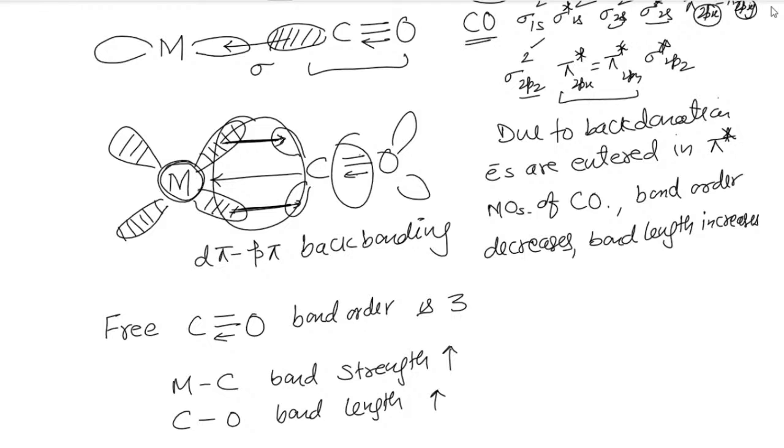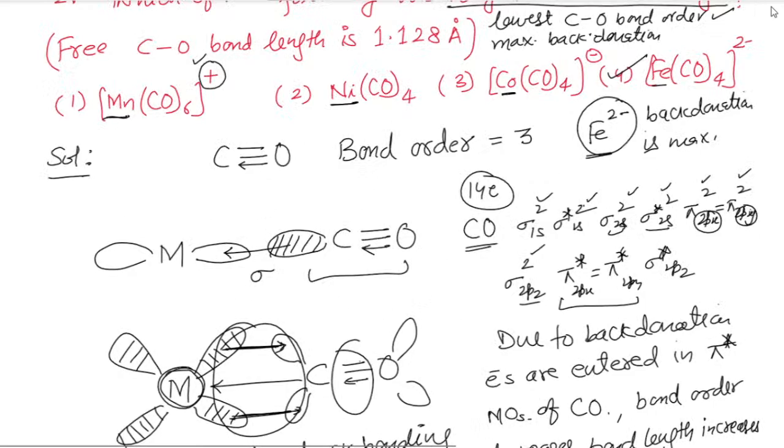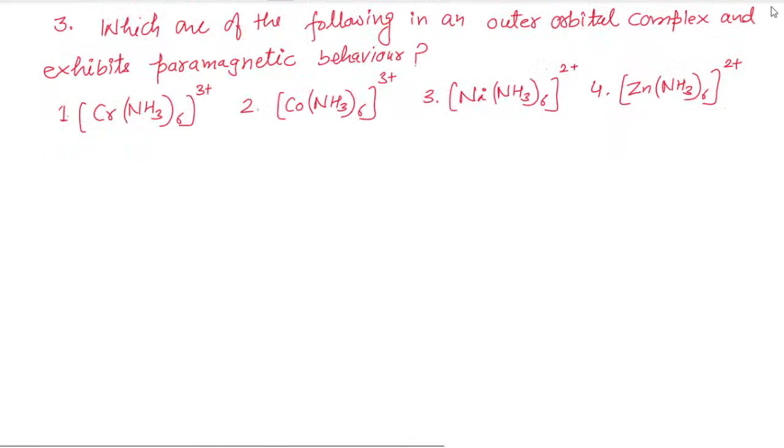Okay, question number 3. Which one of the following is an outer orbital complex and exhibits paramagnetic behavior?